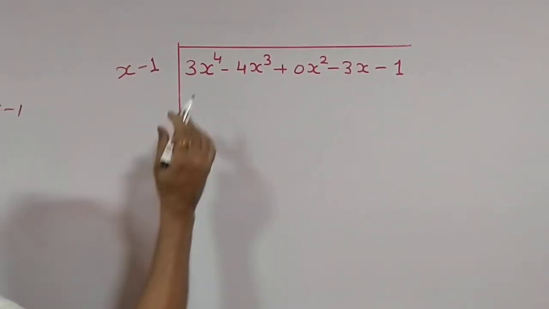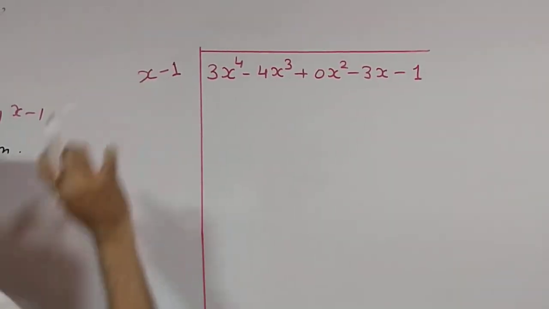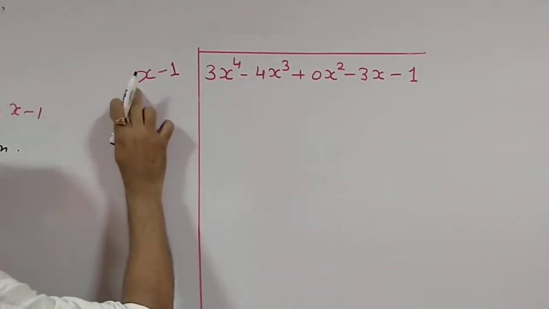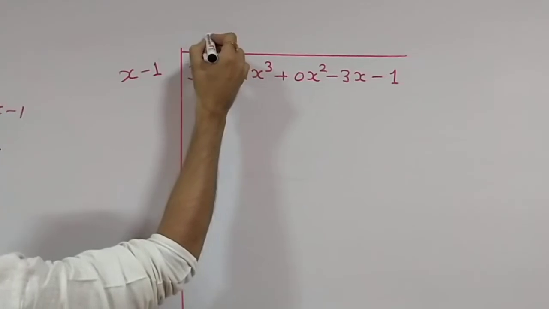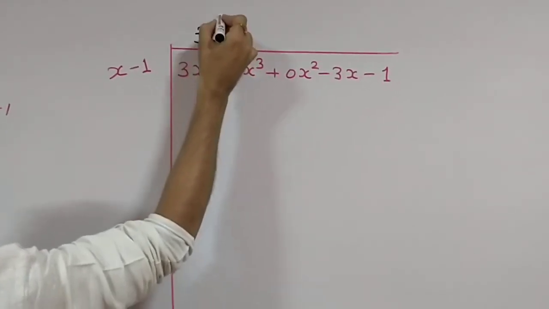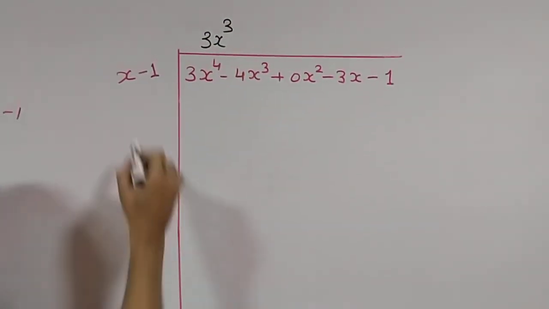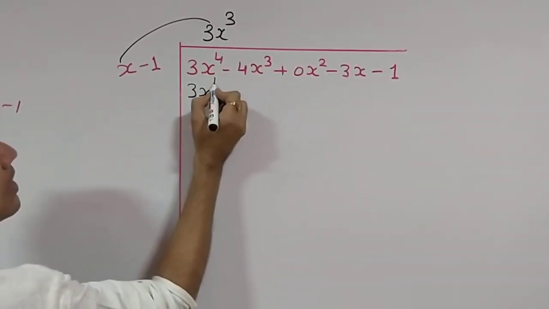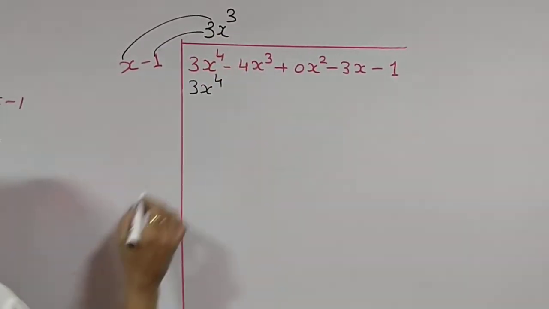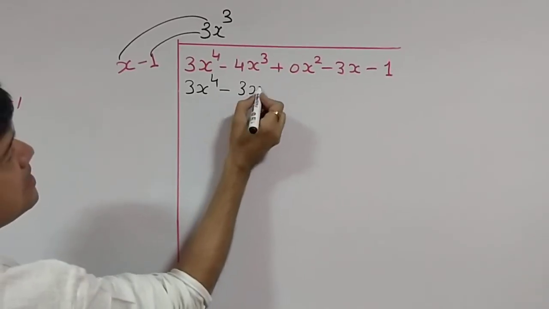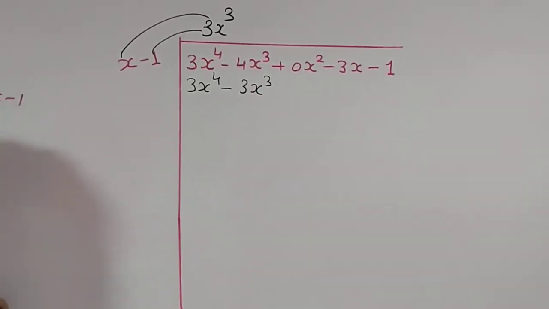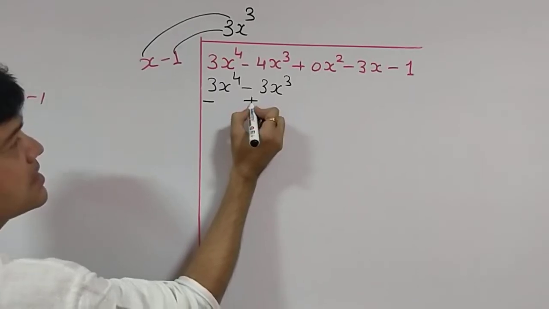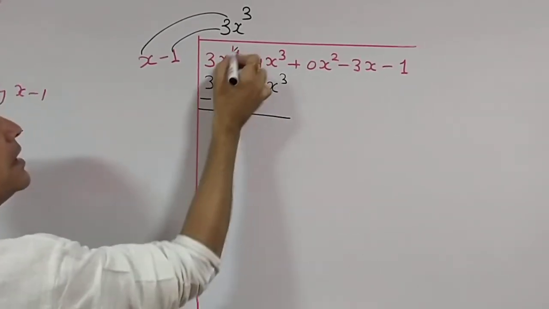Now you want 3x raised to 4 and this is x. You want 3x raised to 4, multiply by 3x cube. So this into this is 3x raised to 4, and then this into this is minus 3x cube. Then you have to change the sign, it's compulsory. These two are cancelled.